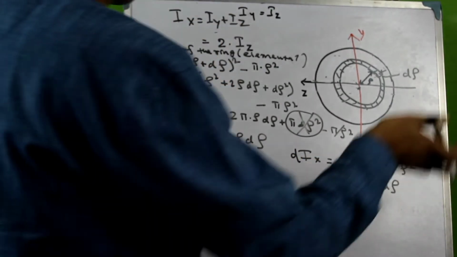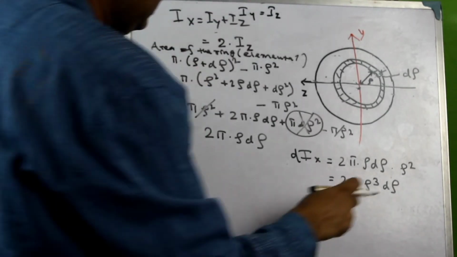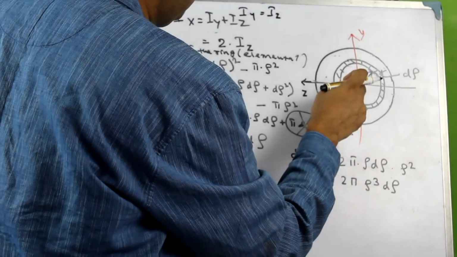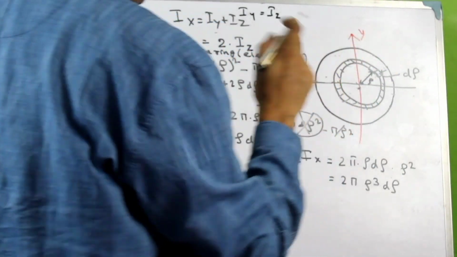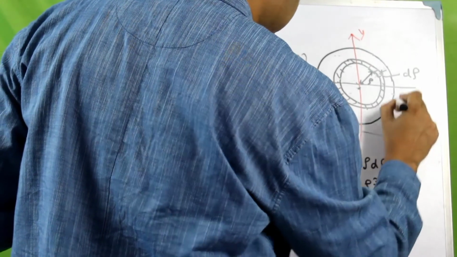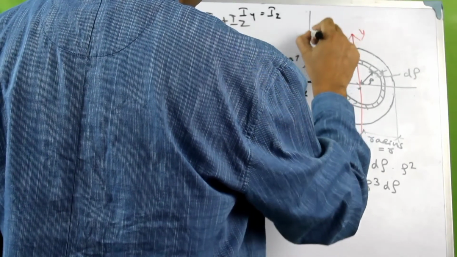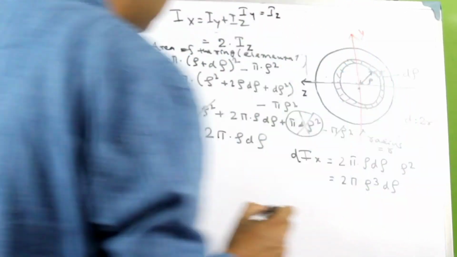So then what would be the moment of inertia of the full cross section? The radius rho would need to vary from 0 to r. Now let us say that the radius of this circle here is r. So this is the radius, or we can even express this in terms of its diameter, where diameter would be equal to twice of r.